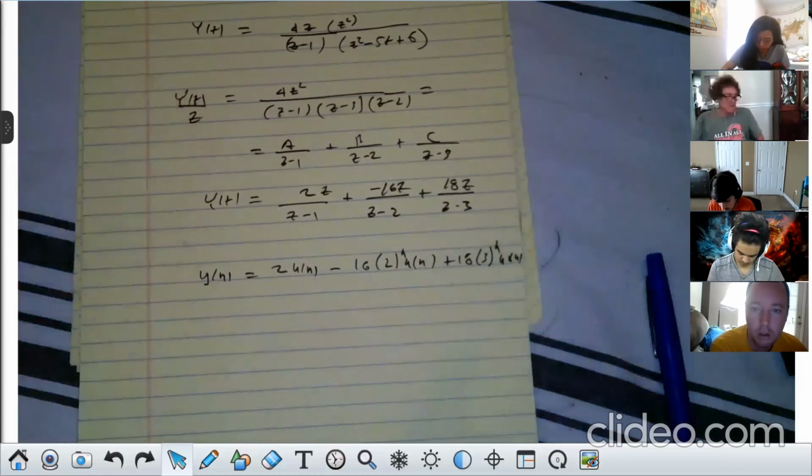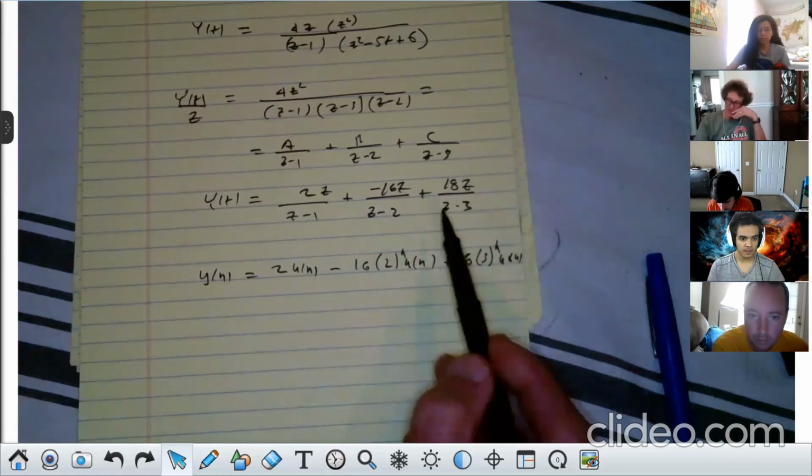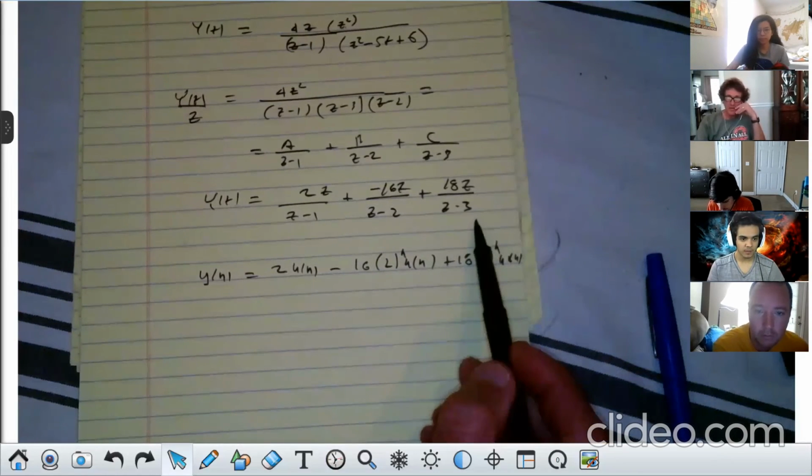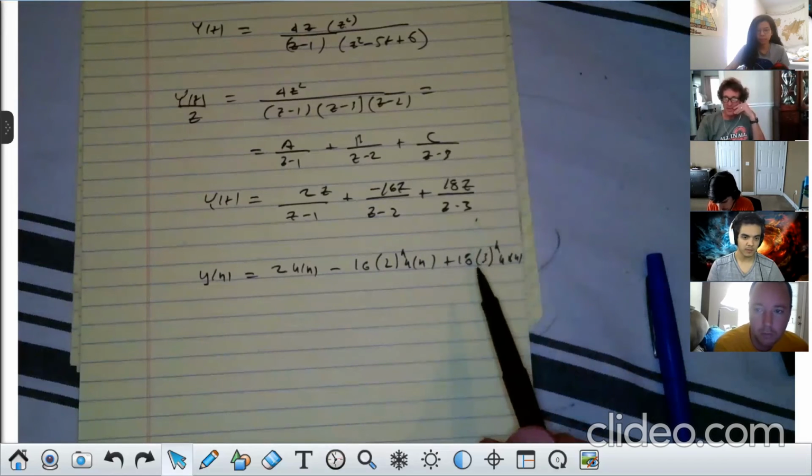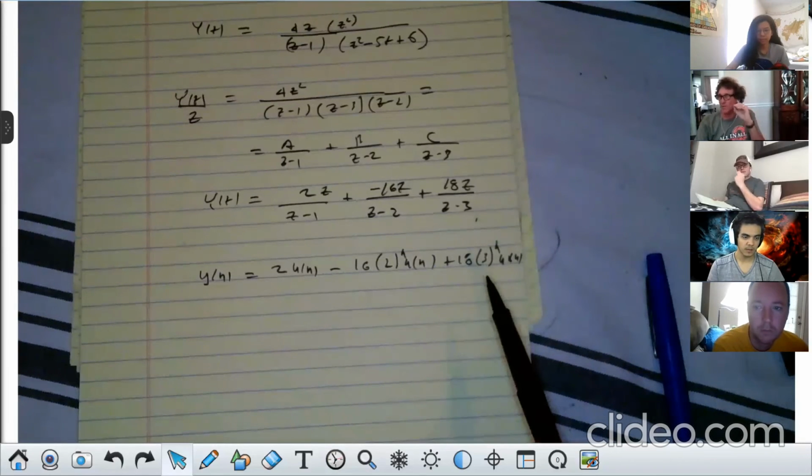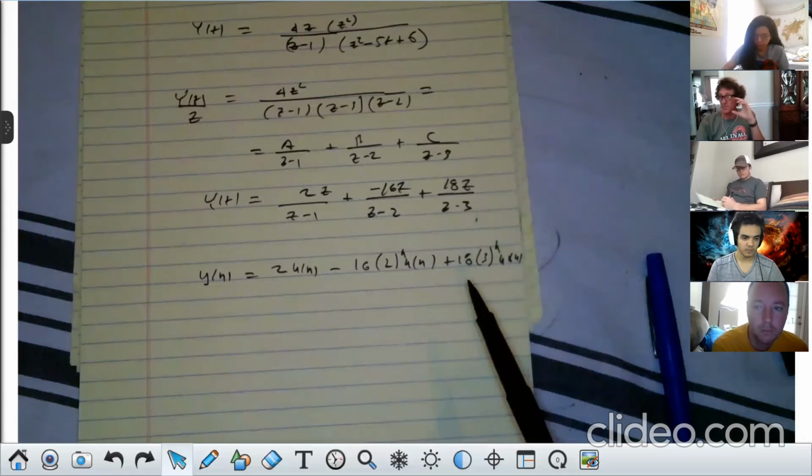What bothers you about that? Something should irritate you. Well, we see it right here with the poles, right? The poles are outside the unit circle. Remember I told you that any pole outside magnitude of Z equal 1, anything at Z equals 1.5, 2, that's an unstable system.